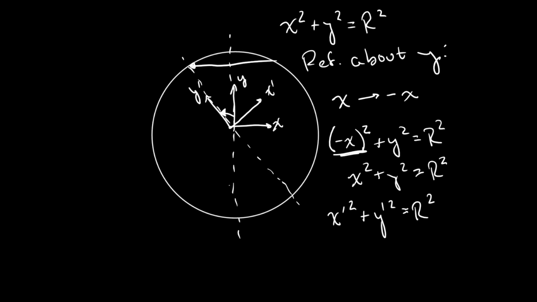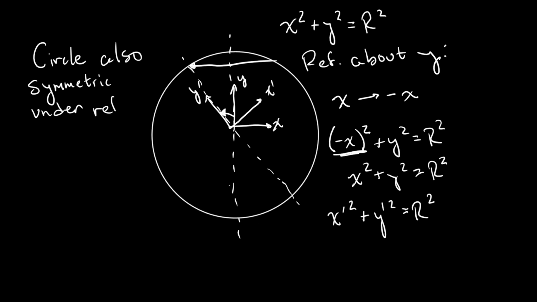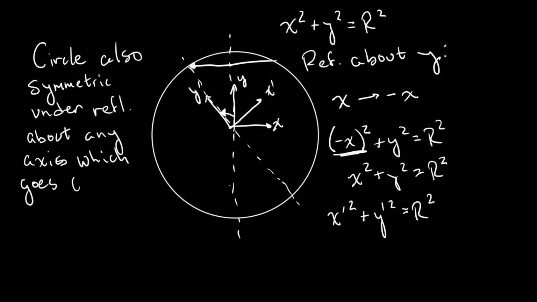So a circle is also symmetric under reflections about any axis which goes through the center.